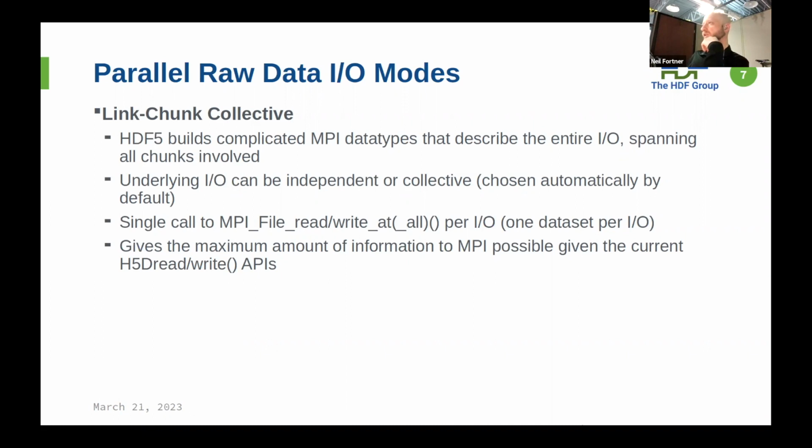Again, the underlying IO can be independent or collective, and this means that there's only a single MPI file read or write call per data set. And again, it gives the maximum amount of information to MPI possible for a single data set, given the legacy HDF read and write APIs. I say legacy, but they're not deprecated or anything. We're keeping them around.